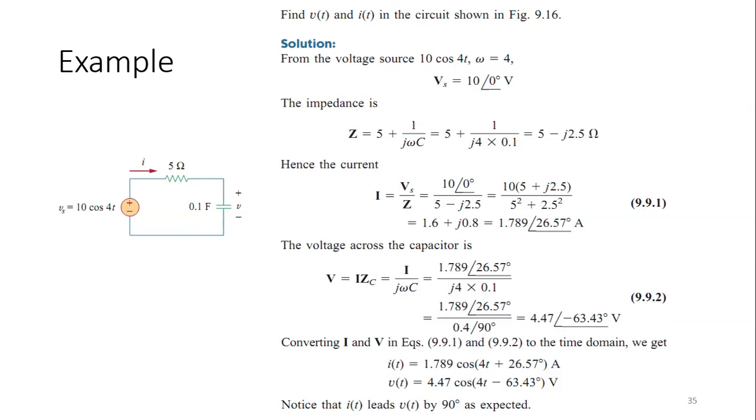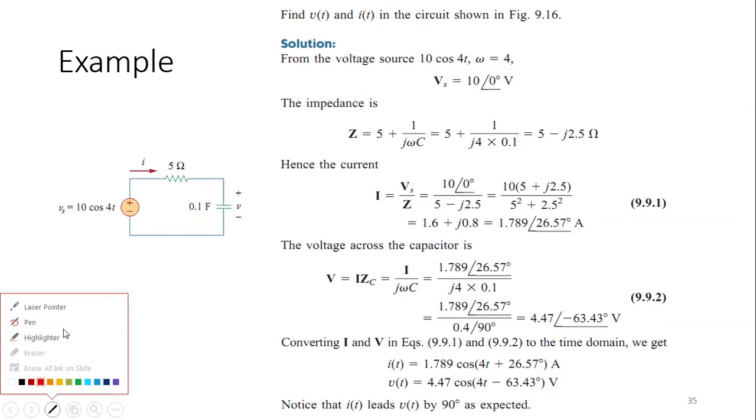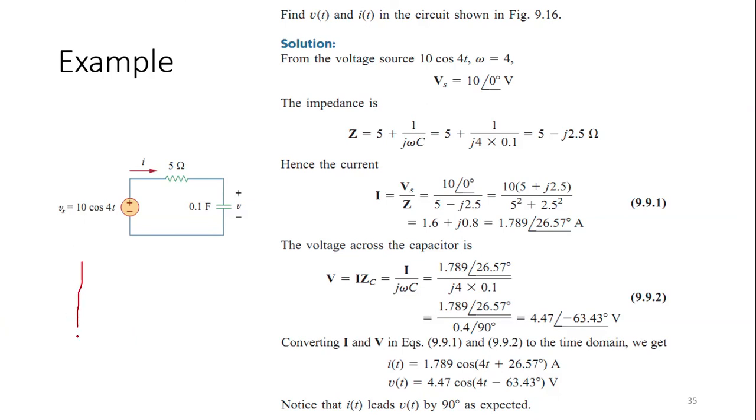Notice that the current and voltage have a 90 degree phase difference, 26.57 and minus 63.43. For example, if we want to draw their phasor diagram, what would we do? This is our x-axis and y-axis. We want to draw the phasor diagram.